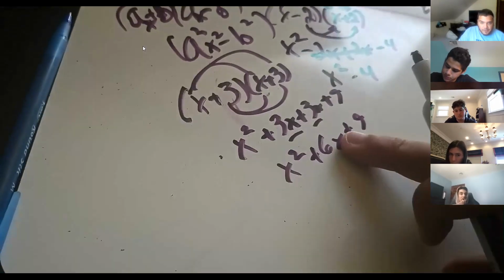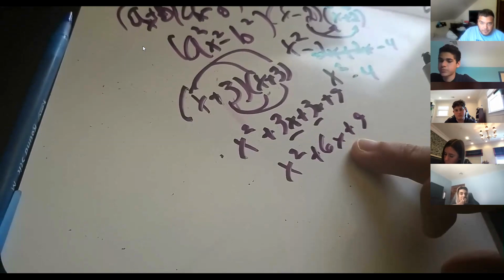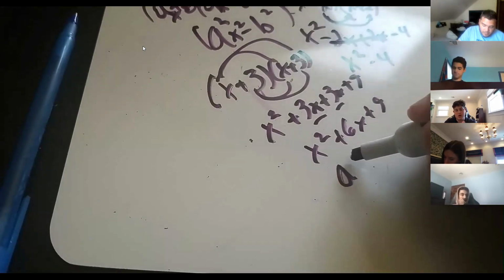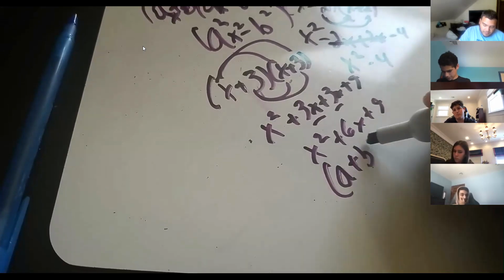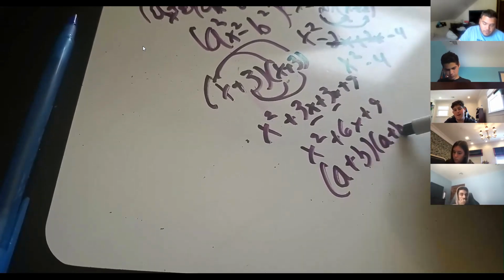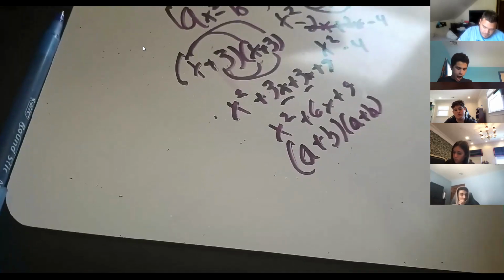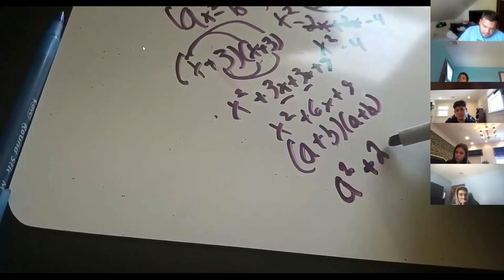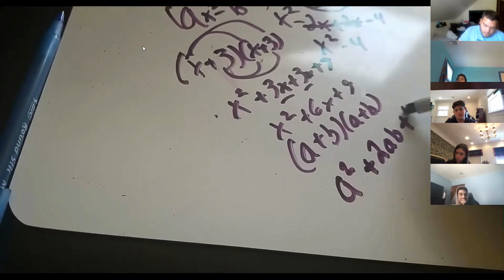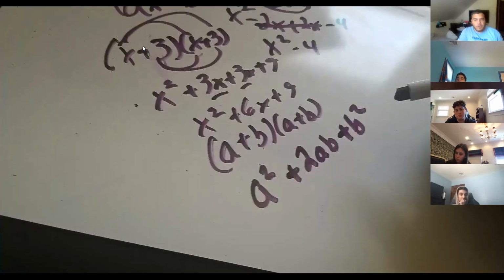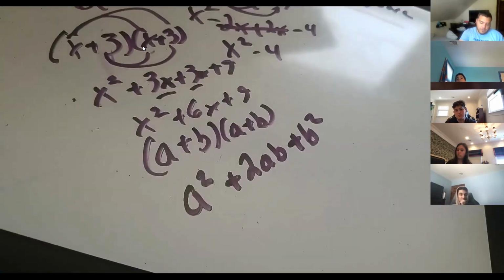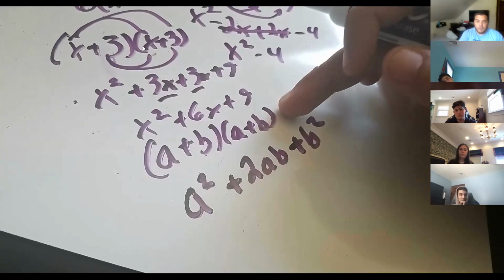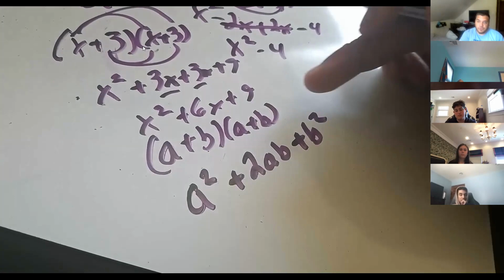This is also a pattern. The pattern is a plus b times a plus b will become a squared plus 2 times a times b plus b squared. That pattern will always happen if they're exactly the same in these parentheses. So if this pattern happens, the reverse is true.